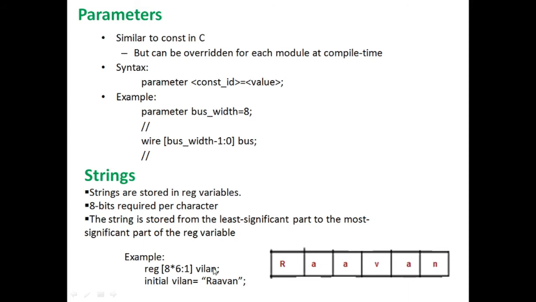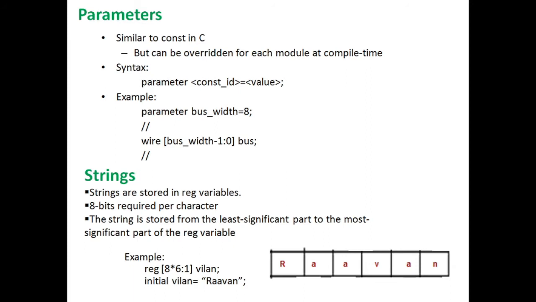So only AVAN will be stored in the villain register variable. That means RA will be truncated. And suppose the width of the register is greater than the size of the string, then we simply append the leftmost bits in your register variable with zeros. The most commonly used thing is just filling up the MSB bits with zeros.